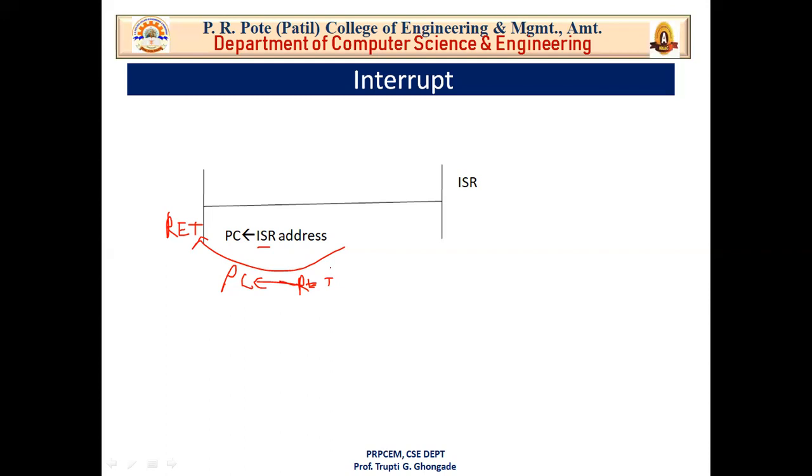You have to see which interrupt has occurred to know which ISR you want to go to. You put the appropriate ISR address into the program counter. For example, there are 10 interrupts and each has a different ISR address. You see which interrupt has occurred, put the appropriate address, and go to the ISR.